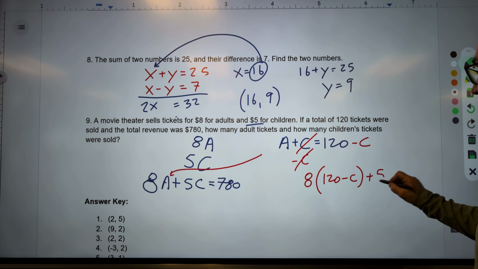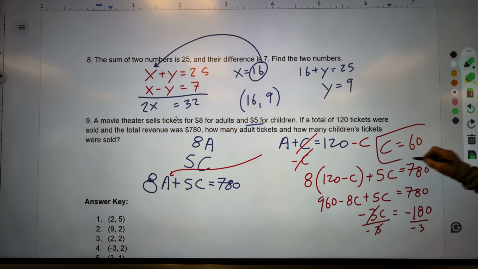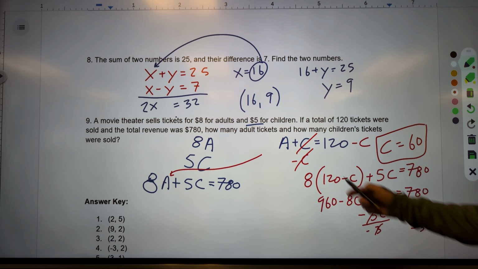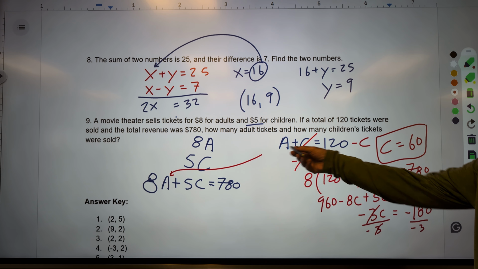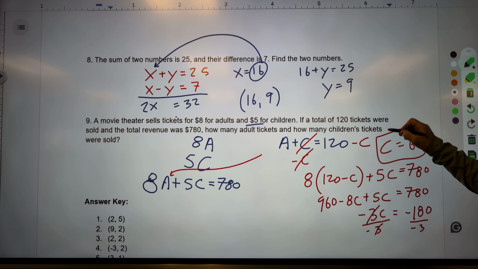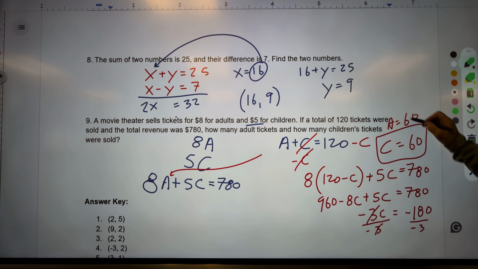And that is equal to negative 3C. Dividing both sides by negative 3, I get C by itself, and C is equal to 60. So I have a value for C. So that means 60 plus adult equals 120. So adults are also 60.